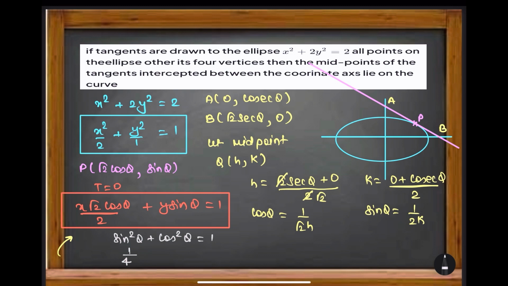Who is k? Sorry, k is y. So 1 by 4y square plus 1 by 2x square equals to 1. So the midpoint will lie on this curve. I hope the idea is clear.